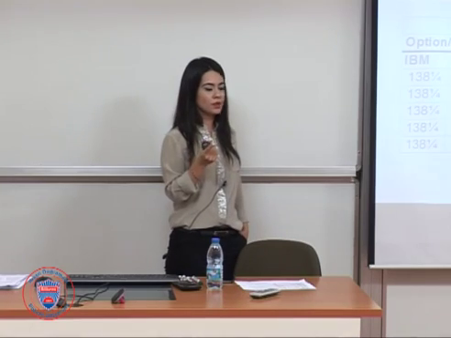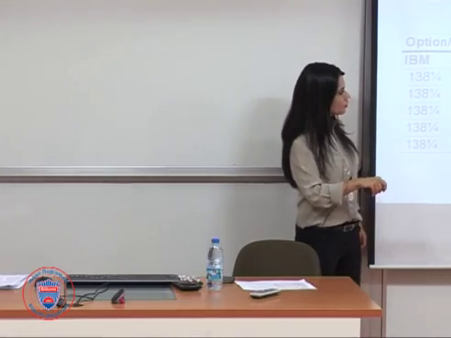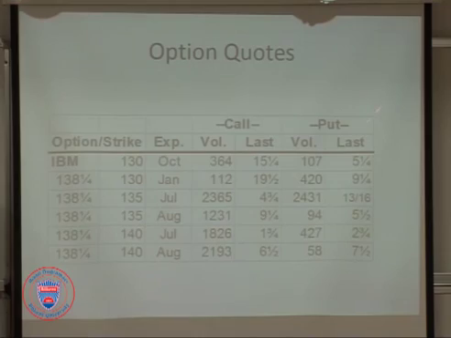It is different from open interest. On the left-hand side you see the call options, and here you see the put options. And this last column is the price at which the options last traded.